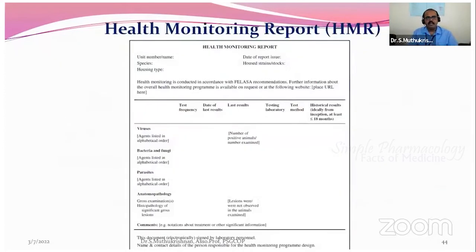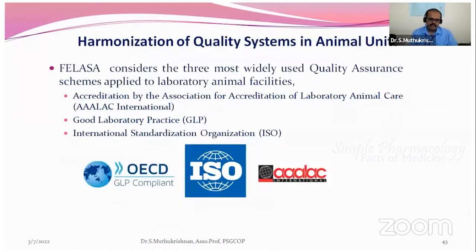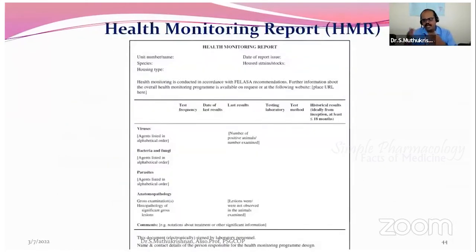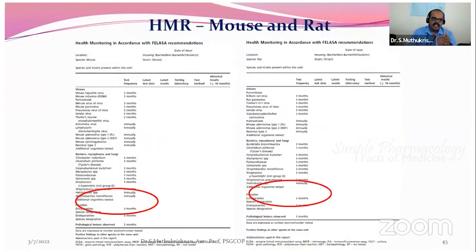For example, under ISO guidelines they periodically go for health monitoring, every month, every 3 months or every 6 months. They check whether the animals are infected with any bacteria or virus.